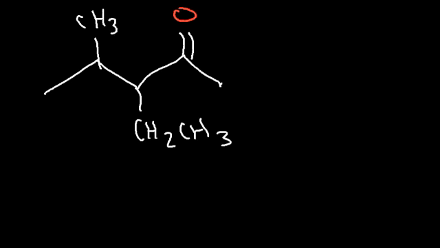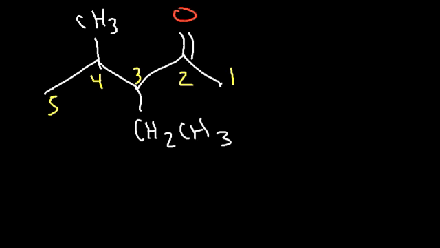The next functional group that you need to know is the ketone. So let's put a methyl. Actually, let's put an ethyl there and a methyl. So how can we name this particular ketone? So counting the longest chain, this is going to be 1, 2, 3, 4, 5.